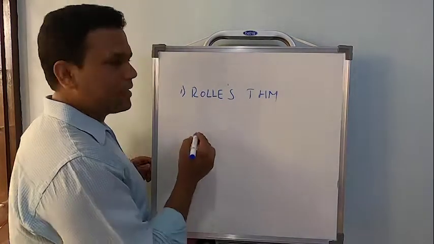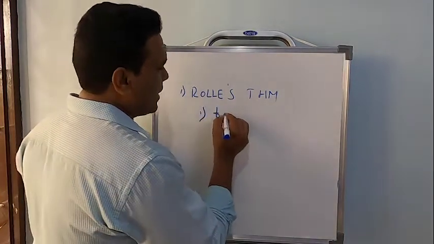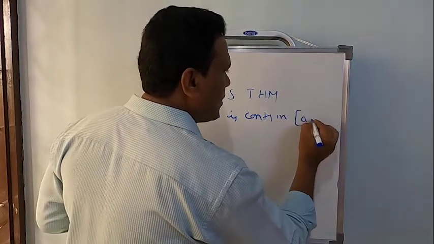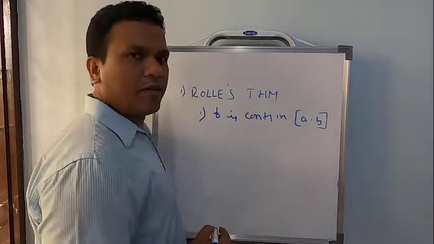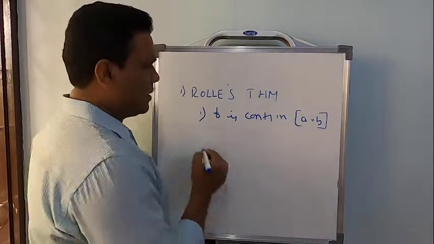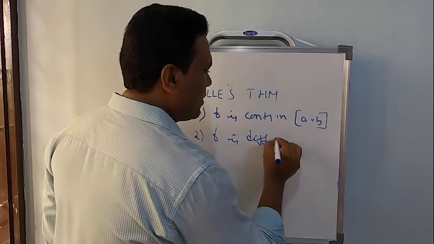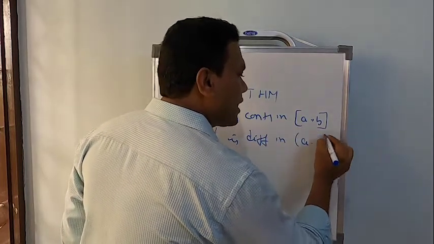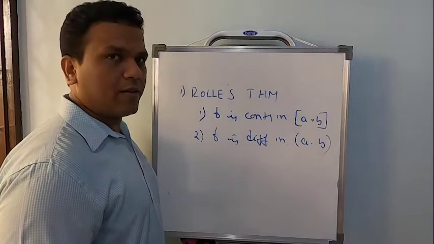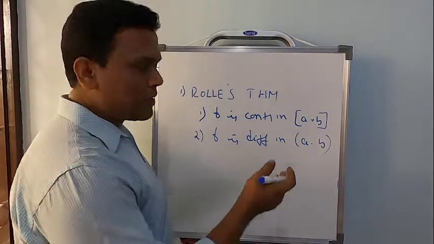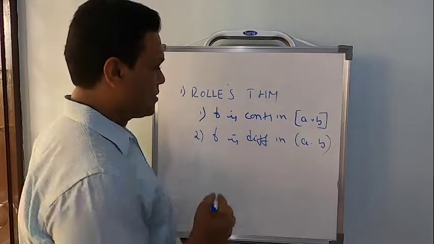Rolle's theorem conditions are there. The first thing, f is continuous in the closed interval a comma b. The given function should be continuous in the given interval. The second thing, f is differentiable in the open interval a comma b. Do not consider the closed interval. Why it is an open interval, please refer to the theory given there.